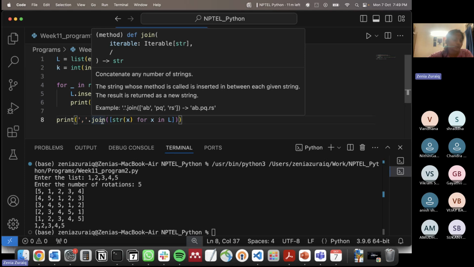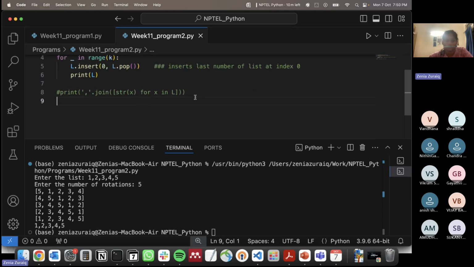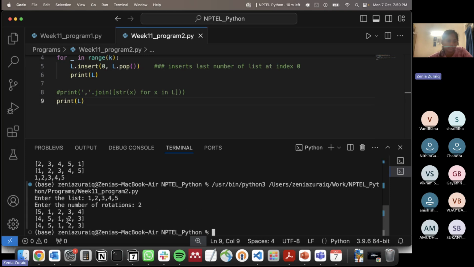Yes, you can do plus for concatenation as well. This just does it in one line. But you can do it in x, or you can just print the list also. Instead of doing this, you can also do print L. That just prints the list.